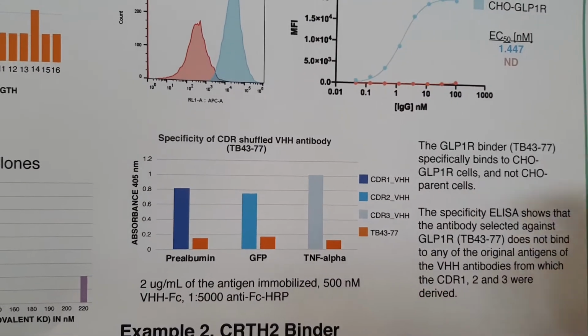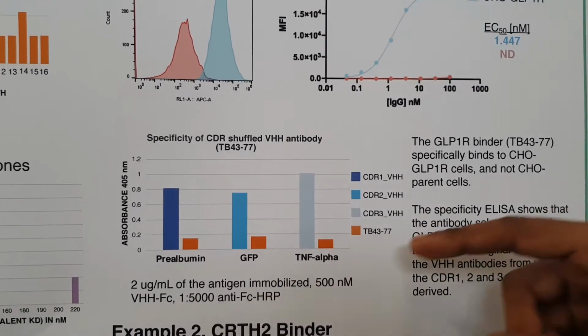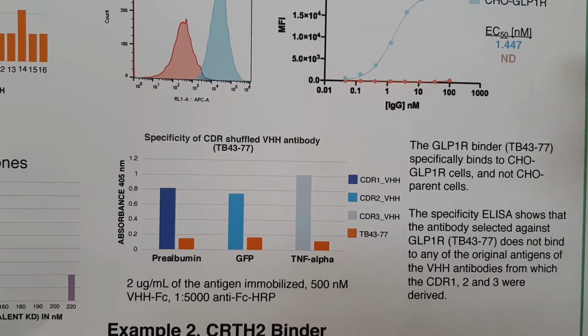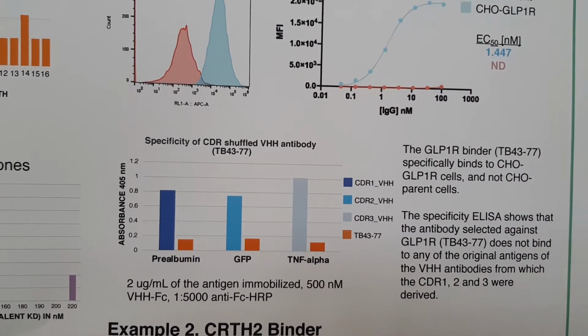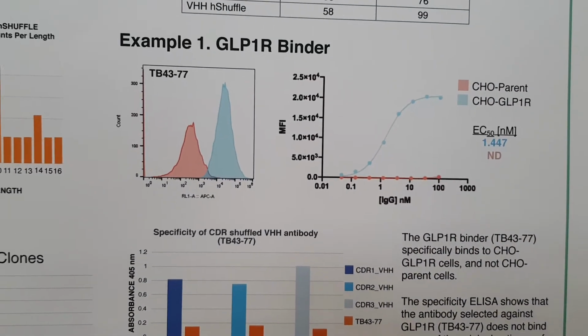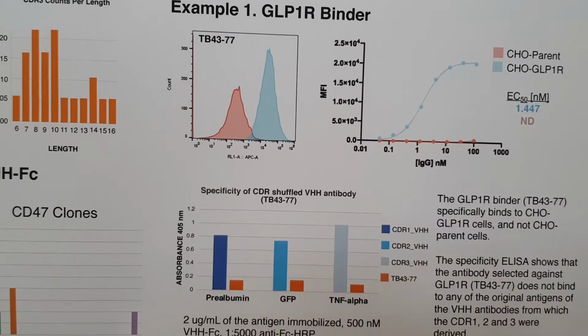The CDR2 is coming from an antibody that binds GFP, and CDR3 is coming from an antibody that binds TNF alpha. So these three antibodies binding to three different antigens, their CDRs came together to make an antibody that binds to GLP-1R. And we wanted to see whether this new antibody binds to the original antigens from which these CDRs were derived.